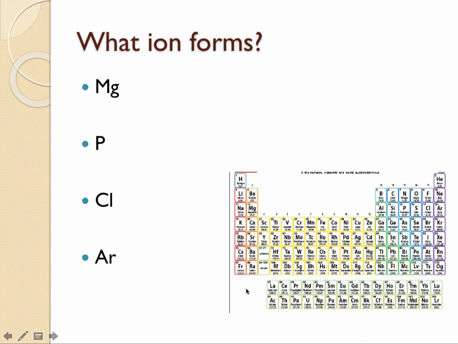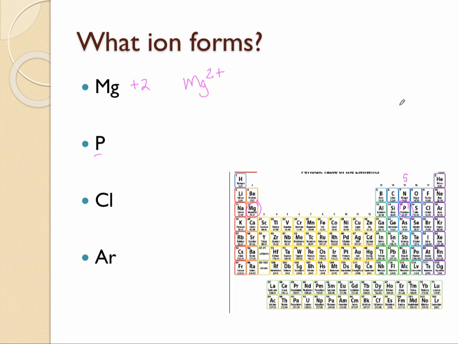Okay, so using our newfound knowledge, let's predict what ion forms. So if we're looking at magnesium, magnesium is right here. It's in group 2. They tend to form +2 ions. So I would write magnesium as a 2+ with its ion. Phosphorus is here. It is in group 5.